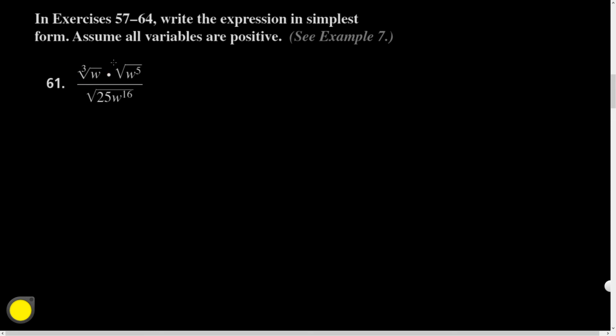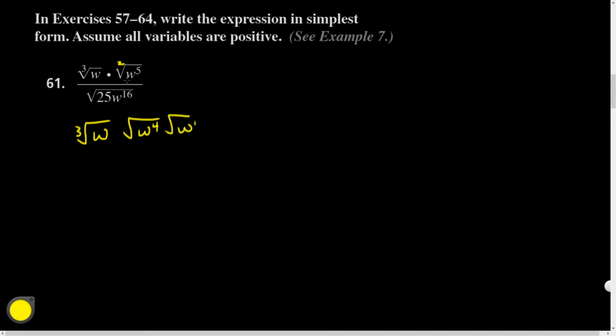Oh, this is sneaky. This is a cubed root, and this is a square root. So those are not like roots. I cannot multiply their insides. But let's see if I can simplify some stuff. So I'll have the cube root of w times the square root of, let's break this one up, w to the 4th times w to the 1st. Why am I choosing w to the 4th?